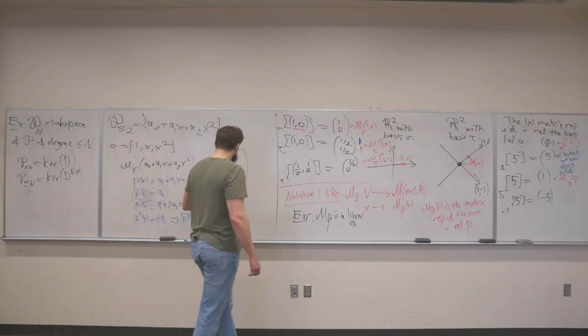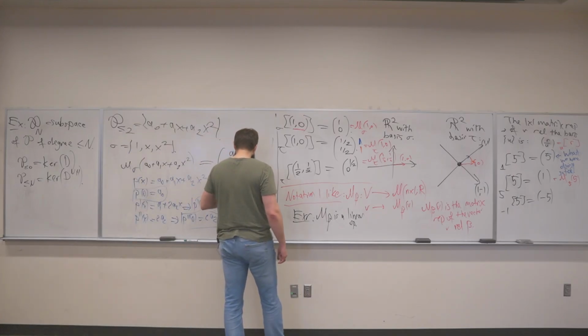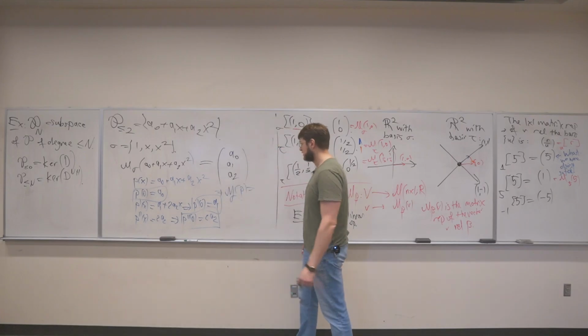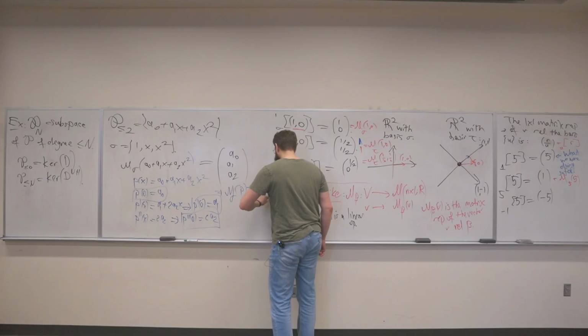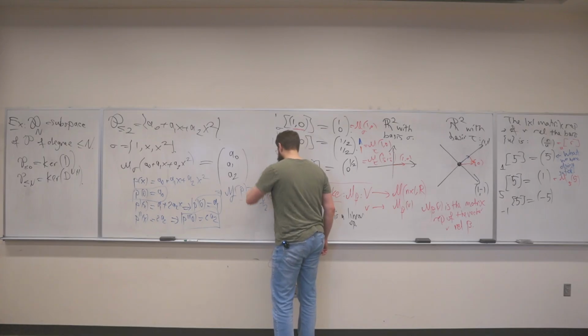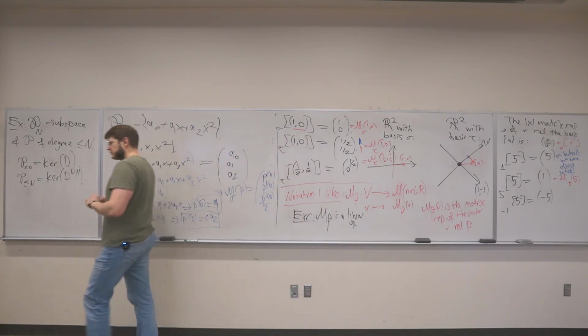Meaning, the matrix representation of a polynomial relative to the standard basis is P of 0, P prime of 0, P double prime of 0 divided by 2. Taylor expansion.